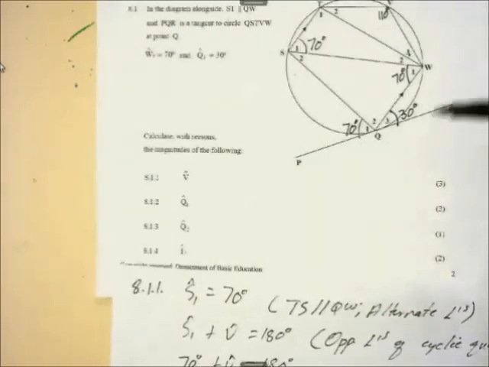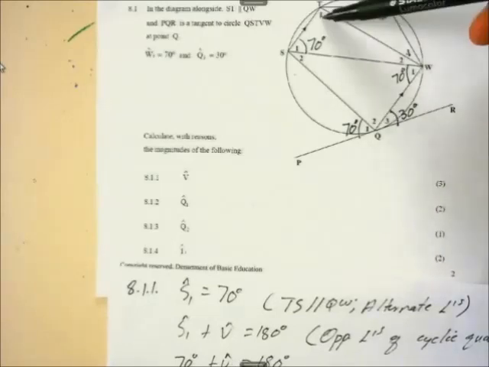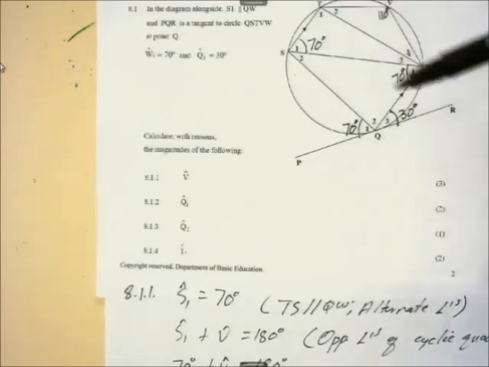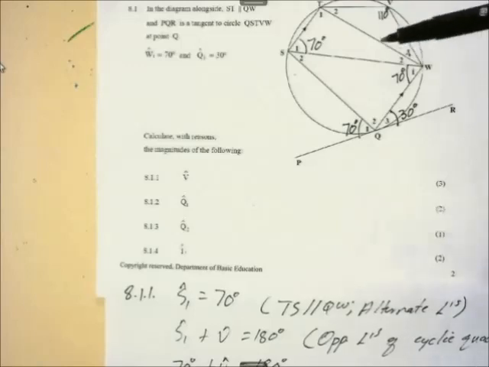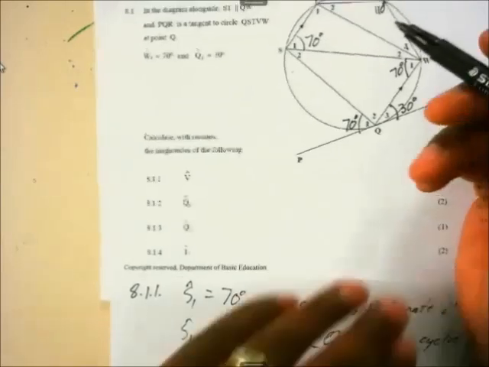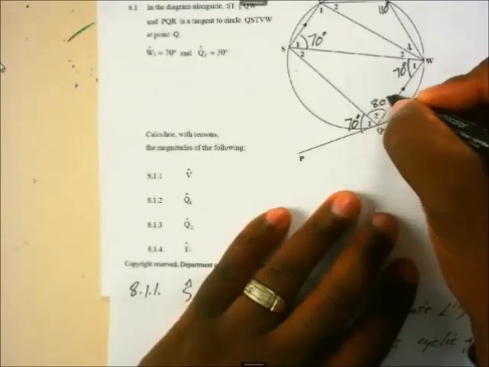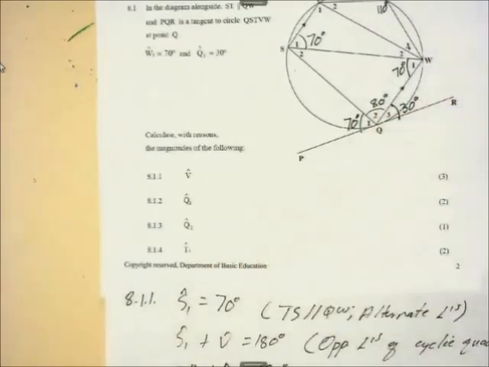T1, where is T1? Here is T1. Look at any angle that relates to T1, especially the angles whose magnitudes you know. Remember we said Q2 here was 80 degrees.